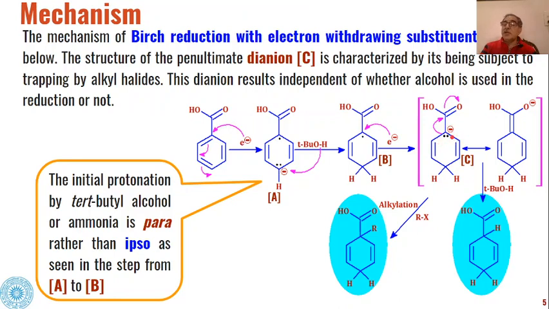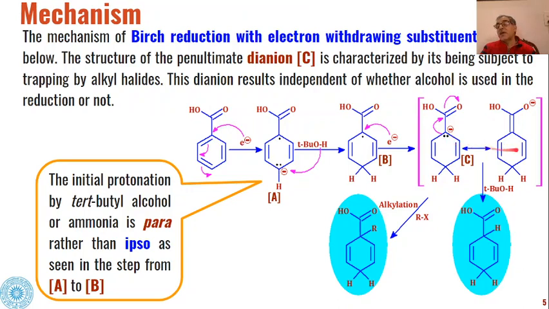This anion is stabilized because of the presence of this electron withdrawing group, say carboxylic acid. This can move to this position to create a carbon-carbon double bond, and this carbon-oxygen double bond can be converted to O negative, because this being an electronegative atom can accommodate this negative charge more easily as compared to the carbon.